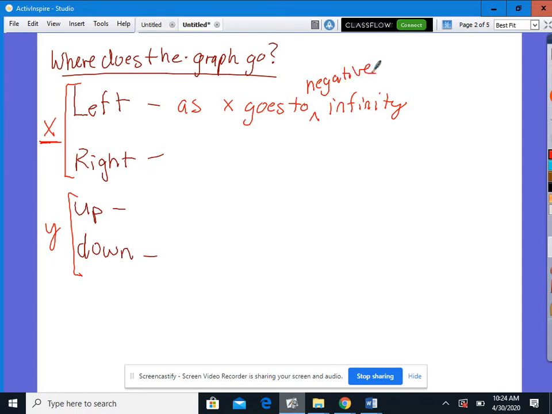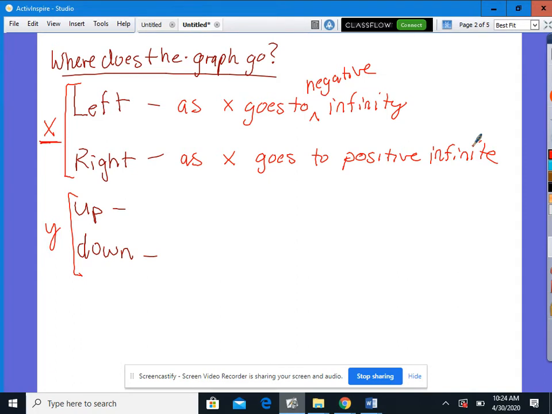Okay, because if the x is moving to the left, the numbers are getting smaller and smaller into the negative, so they're going to negative infinity. If you're going to the right, you would say as x goes to positive infinity. All right, these are just other ways to describe the movements of the graph. So left is as x goes to negative infinity, right is as x goes to positive infinity.